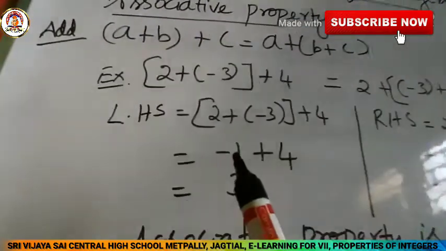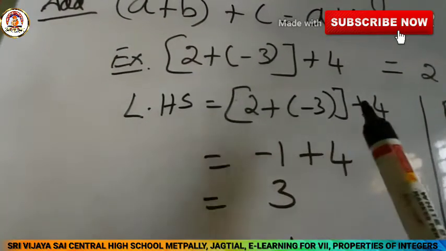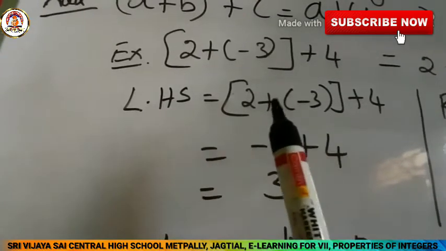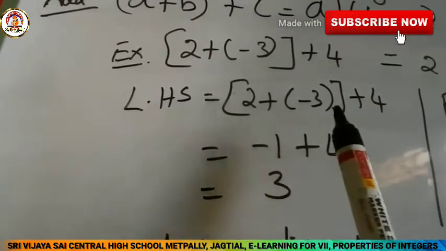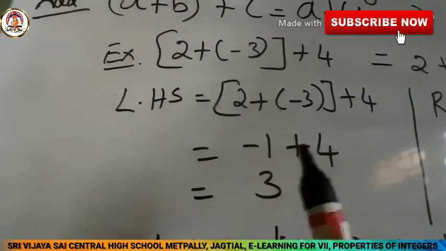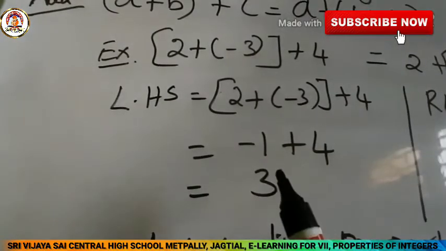First we take the LHS. The left hand side is 2 plus -3 plus 4. Adding 2 and -3 gives -1, plus 4 gives 3. This is for the LHS.